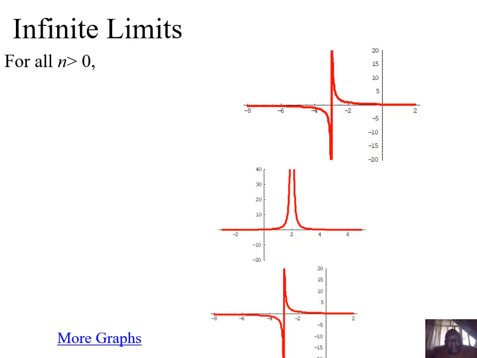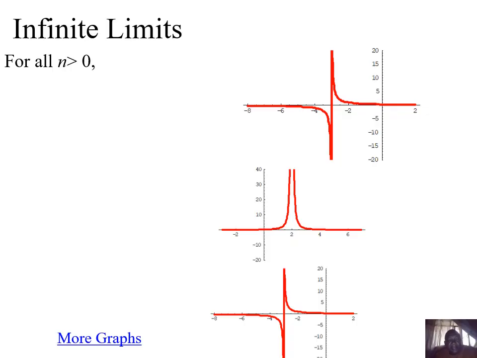Then when you take the limit, when n is even and greater than 0, you have positive infinity. But when n is odd, we have minus infinity. When your n is odd, for negative, a negative from the left. Whether n is odd or even, for a positive, it is infinity.